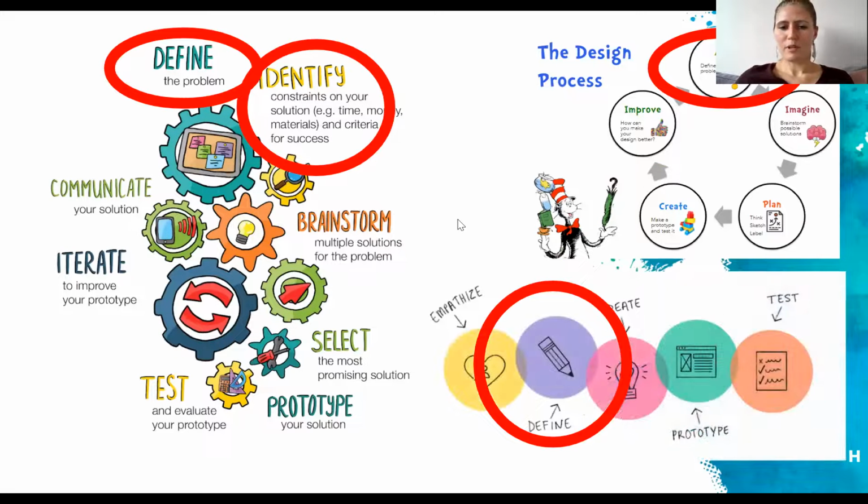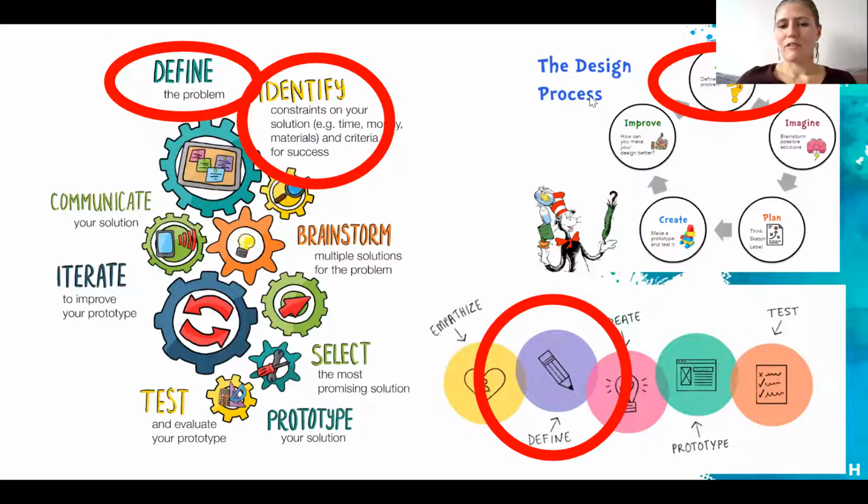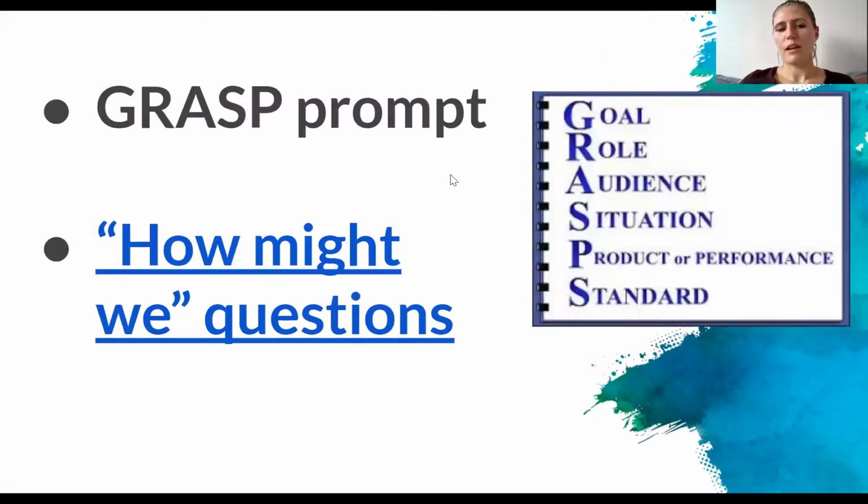Oh, didn't know I had disappearing images there. So where does it fit? It fits usually into the beginning of your process when you're defining the problem in any of these models. So you want to make sure that that problem is challenging and complex. Otherwise, if you're making a cell cake, it's not going to be complex enough to sustain inquiry and to really go deep with this.